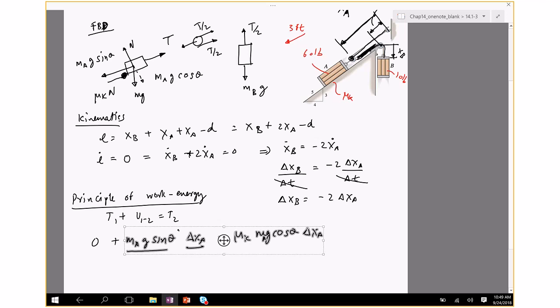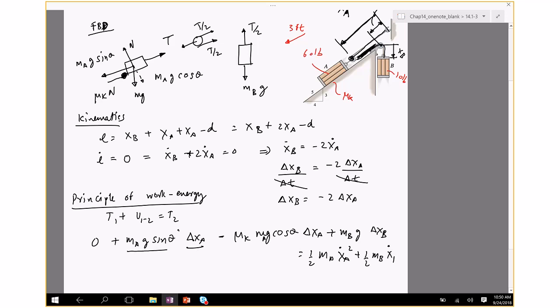So I need to write the work done by mB g, and I'm going to write delta xb positive, even though mB is going upwards. It is positive because my convention is mg is positive downwards and delta x is positive downwards. That's why, by my convention, I get a positive sign and not a negative sign. So that equals half mA vA square plus half mB XB dot square, I'm almost done.